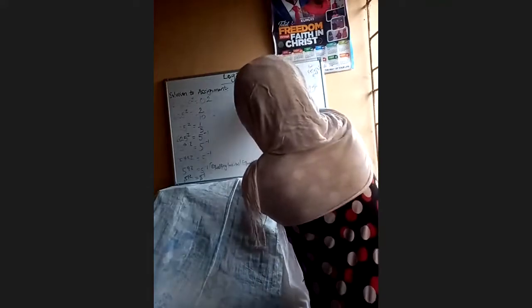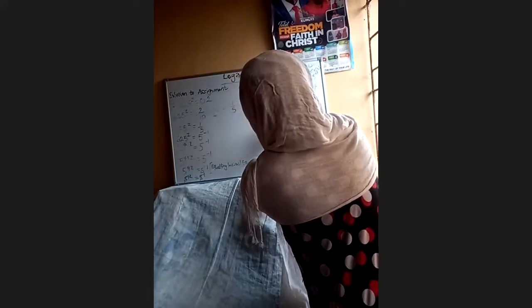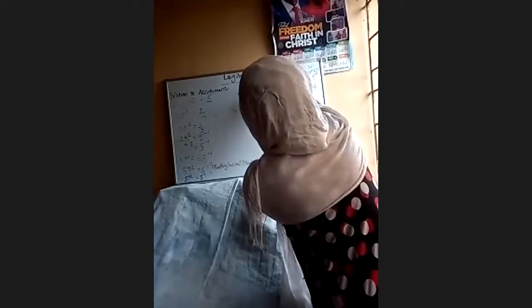So when 4 cancels 4, we have our z is equal to minus 1 over 4. That's our answer.